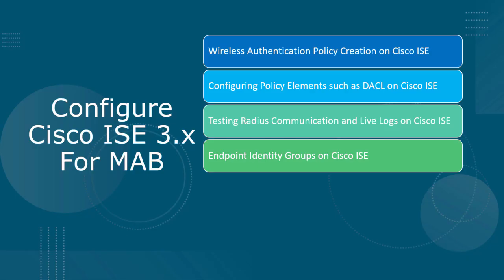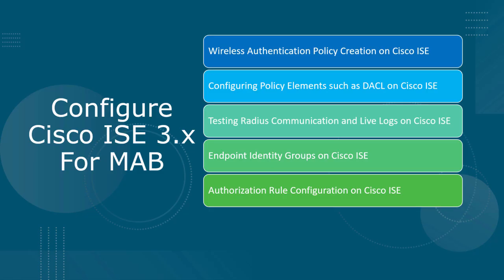Then you will deal with the endpoint identity groups on Cisco ISE, and you will understand how you can change the identity group of an endpoint. And next, you will deal with the authorization rule configuration for Cisco ISE 3.X for MAB.